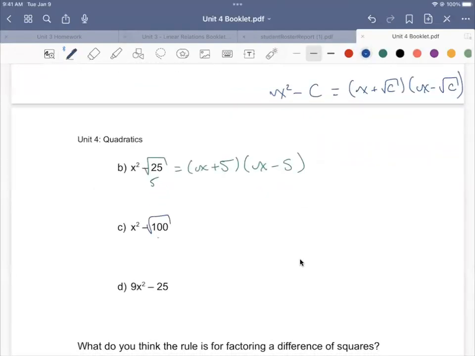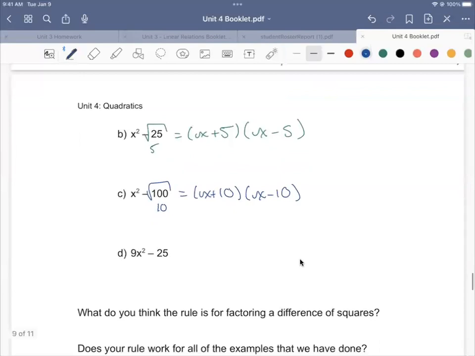Square root of 100 is 10, so it will be x plus 10, x minus 10. Here, I'm going to have to square root both numbers, and I will end up getting square root of 9 is 3, square root of 25 is 5. So I will end up getting 3x minus 5 times 3x plus 5.